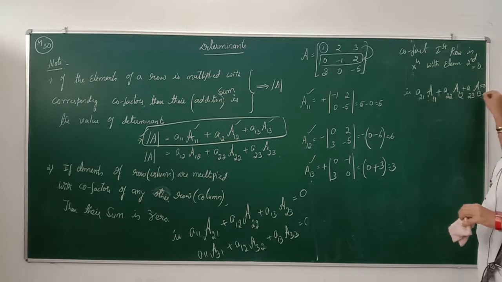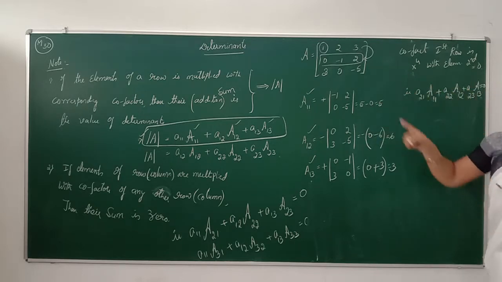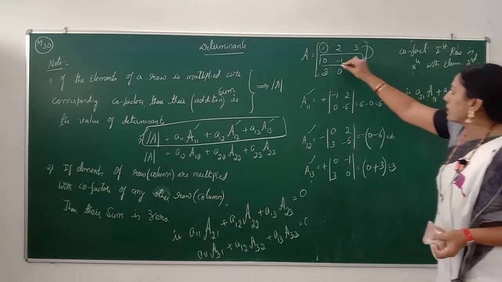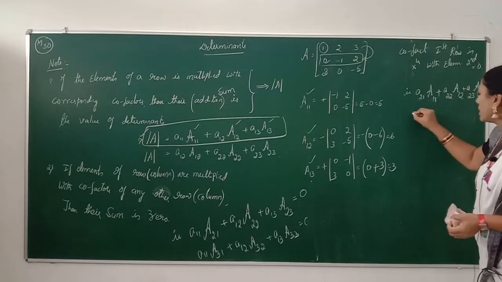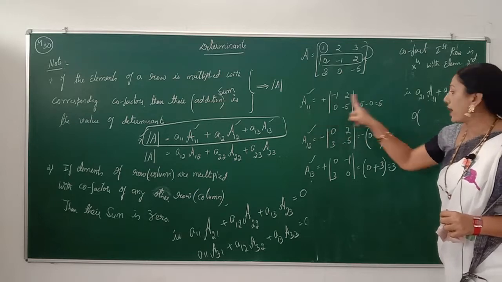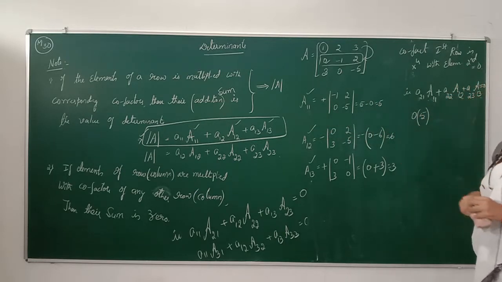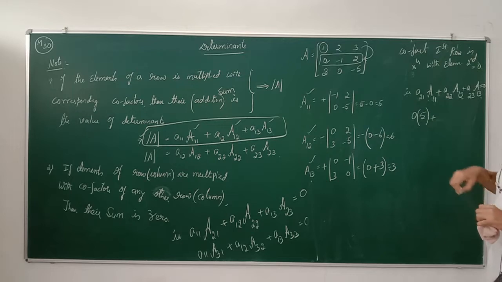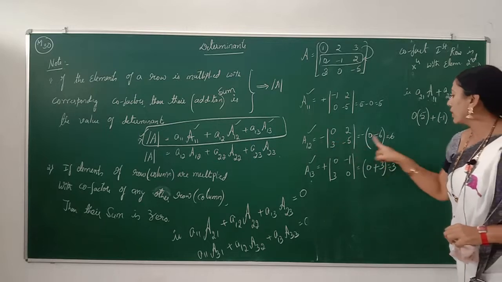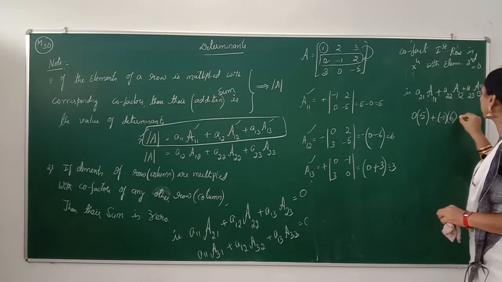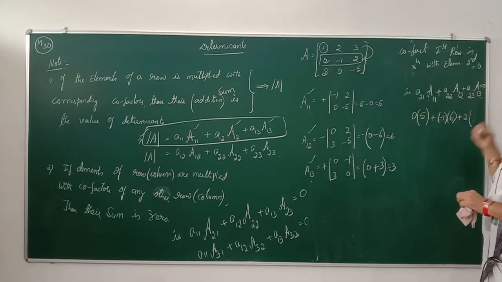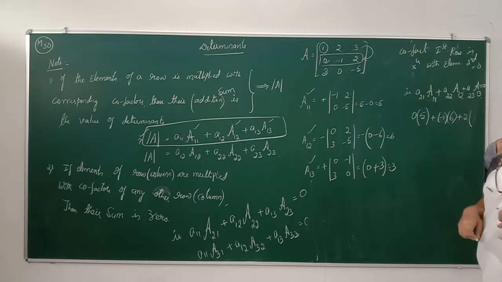Now to prove that it will be equal to 0, we use the general elements of one of the example determinants. a21, the first element of the second row, is 0, into capital A11, the cofactor of the first element, which is 5, plus a22, which is minus 1, into A12, which is 6, plus a23, which is 2, into A13, which is 3.